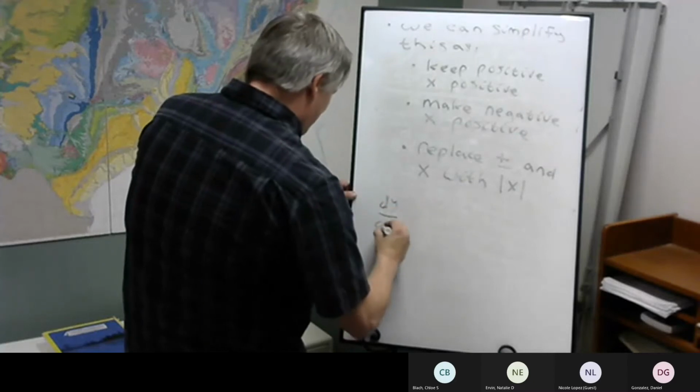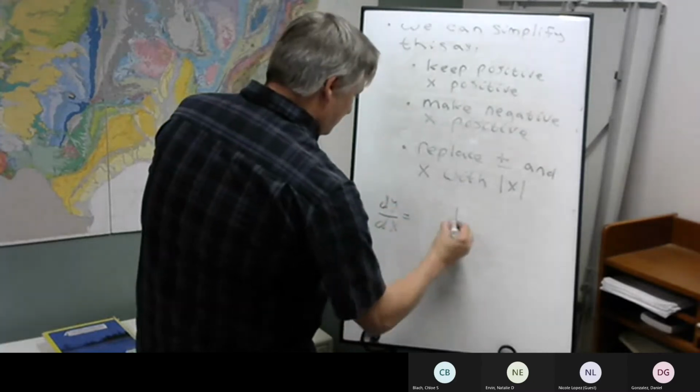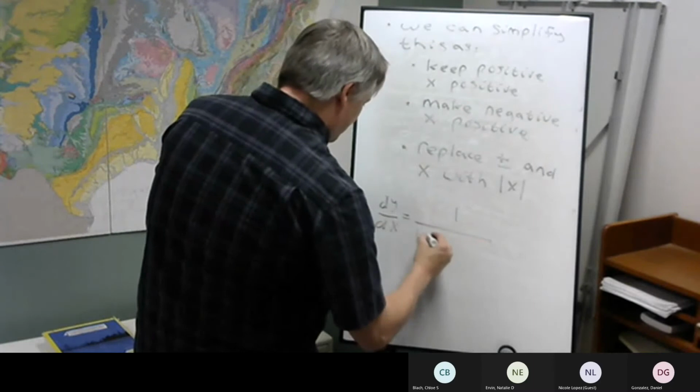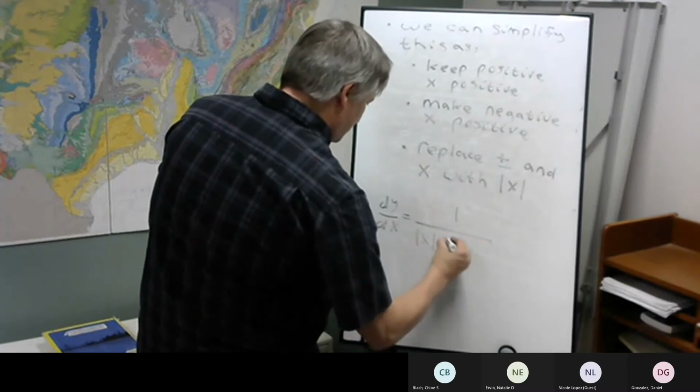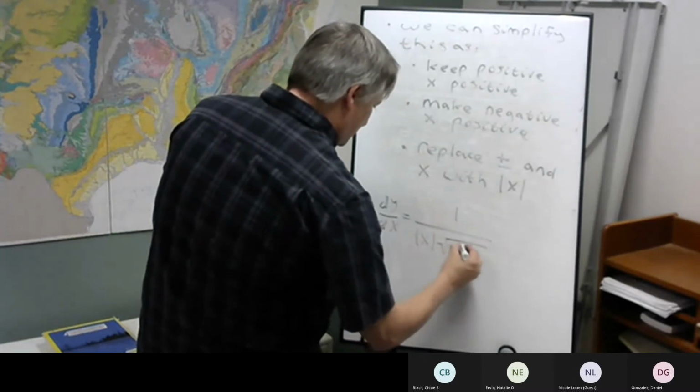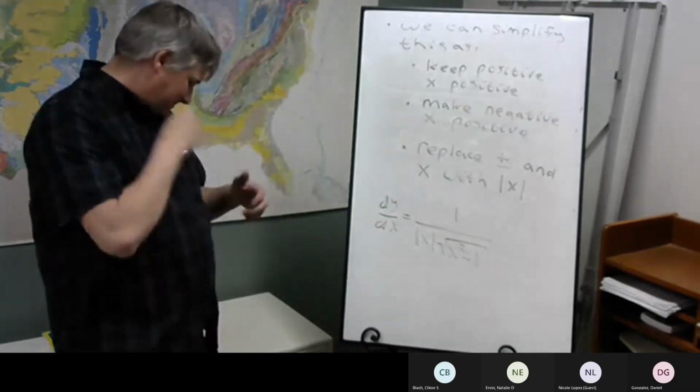So after our long journey, we get 1 over the absolute value of x, square root x squared minus 1.